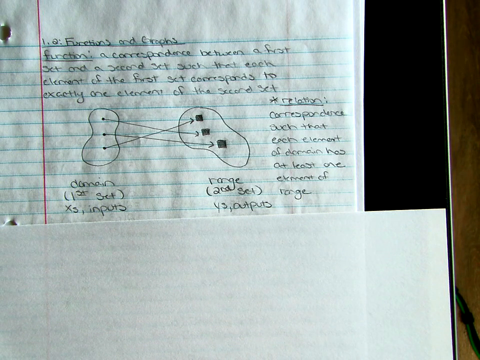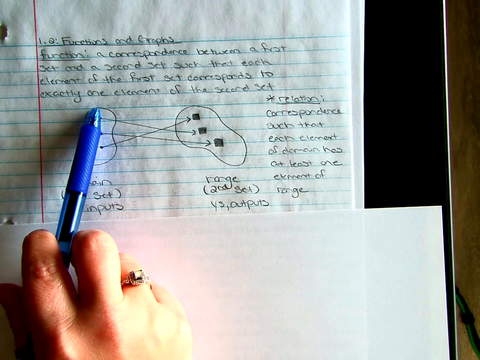There's a little star definition over there talking about a relation. A relation is a correspondence such that each element in the domain has at least one element in the range. So a function is a special kind of relation. Because a function says that every domain corresponds to exactly one element in the range.